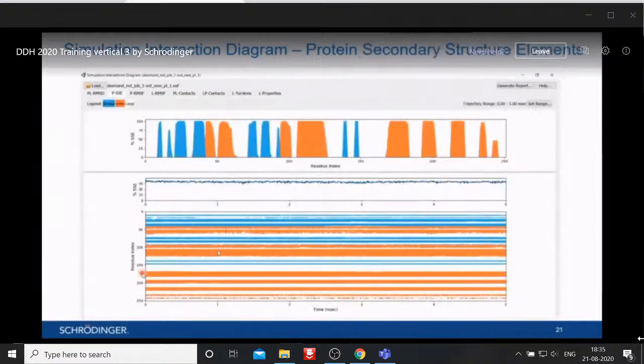And the next analysis is your secondary structure element predictions throughout the MD simulation. Here also on the x-axis you can see the timeline, and on the y-axis the residues, and various color bands like orange and cyan are there for the secondary structures. For example, beta strand is mentioned in cyan color, and this orange color is for helix.